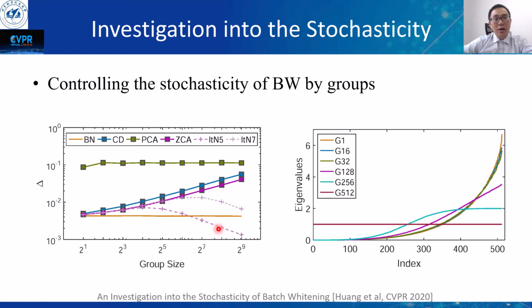An interesting observation is that ITN has a smaller SND than BN when using a large group size, for example 256, with a small iteration number, for example T equals 5. This suggests that we can further combine group size and iteration number to control the stochasticity of ITN, providing an efficient and stable solution to approximate this whitening.